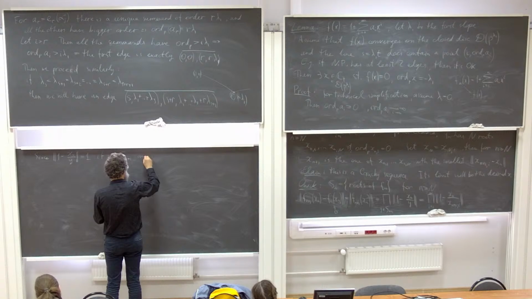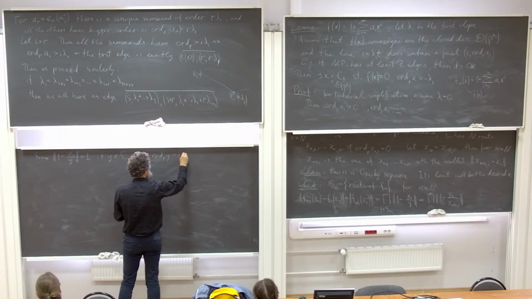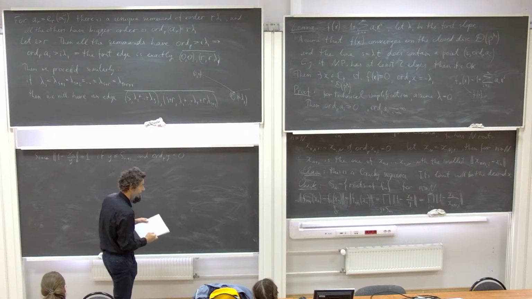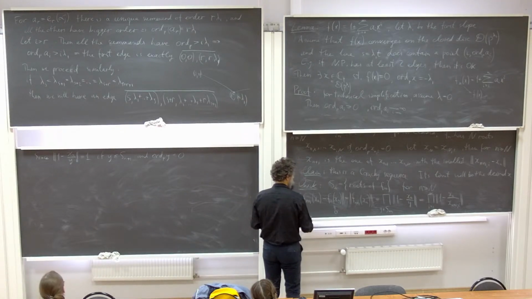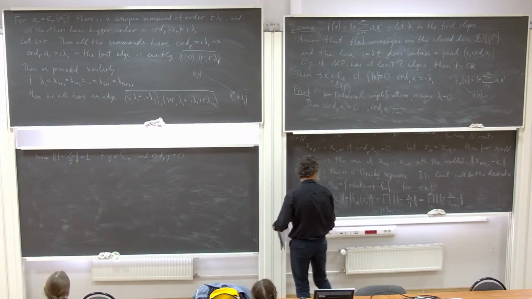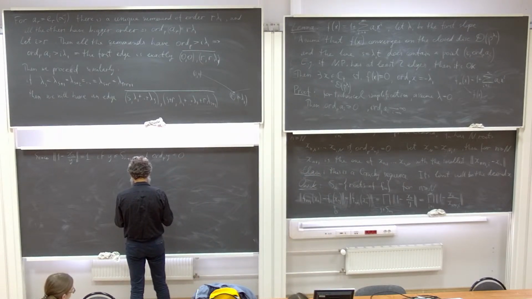and the order of y is less than 0. Yeah, so the orders can be either 0 or smaller.